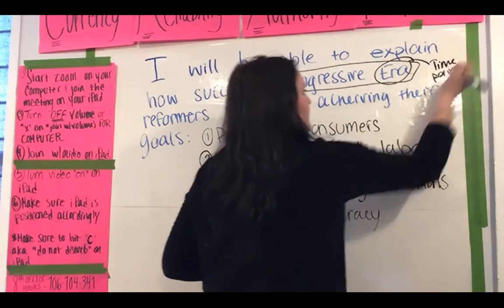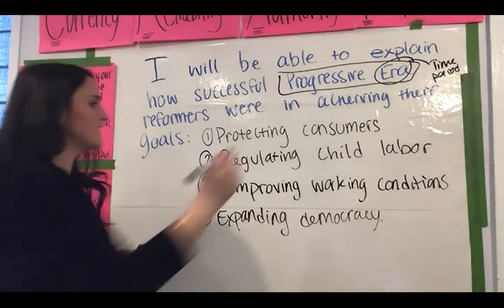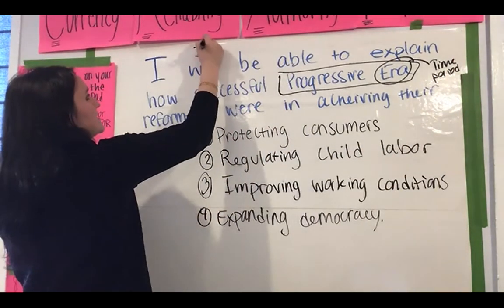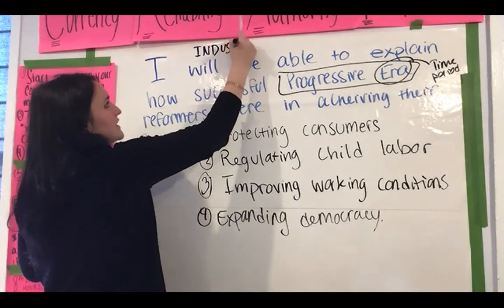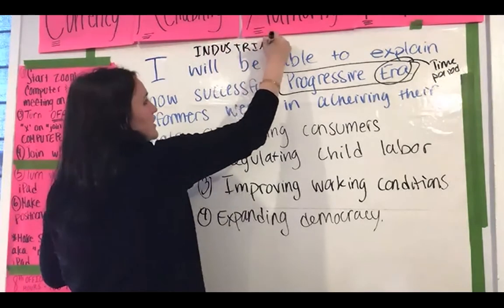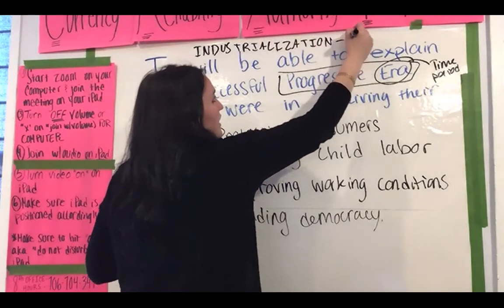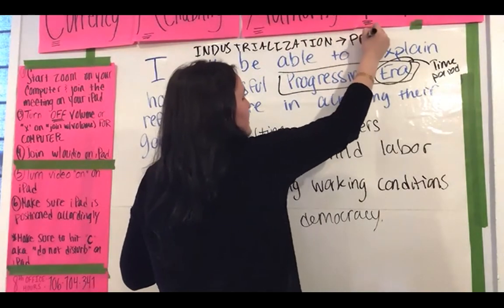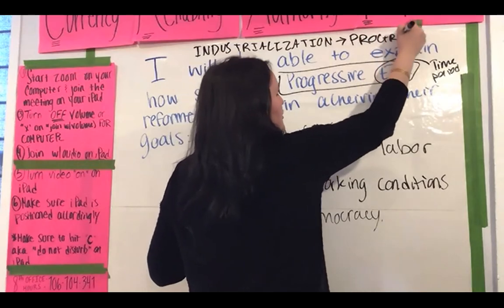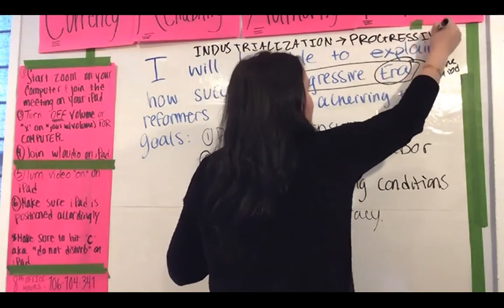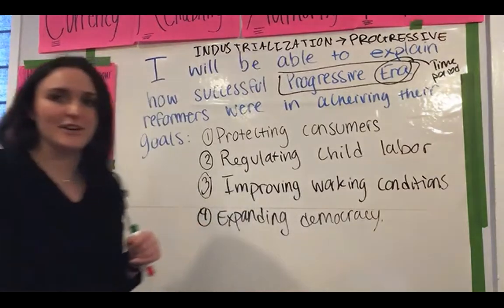We know that the progressive era happens after industrialization. Industrialization leads to progressive. So we know the progressive era happens after industrialization.